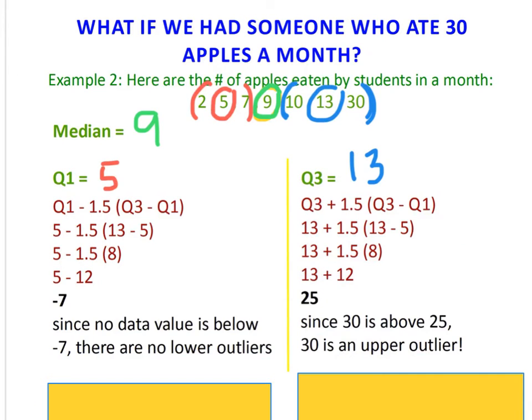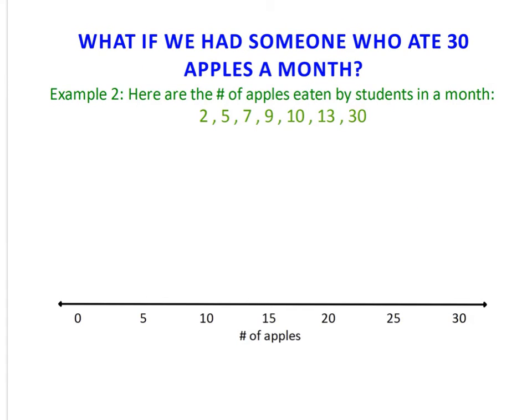Let's see how we graph. If I'm graphing a new data set, remember it's new because we have that 30, my minimum is still 2, my Q1 is still 5, Q3 is 13. I connect Q1 and Q3 to make my box. Remember this box is called the IQR.